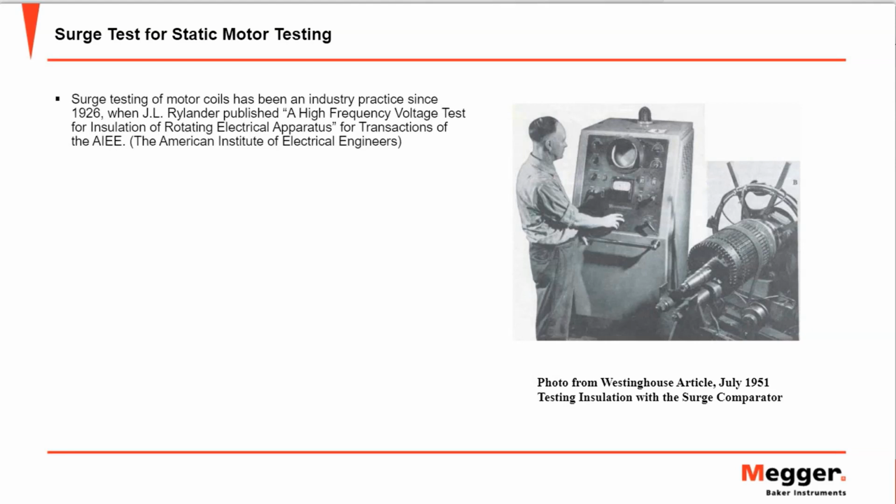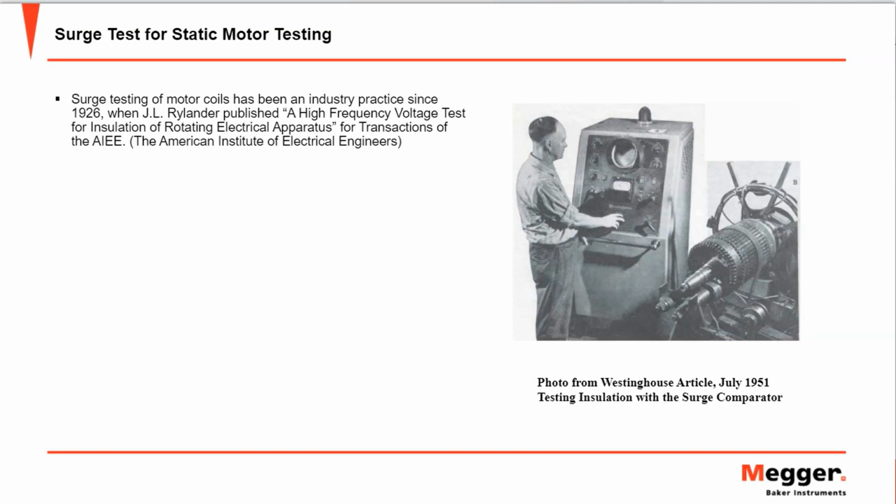But this idea came from an article published by Rylander in 1926. This article was published in the old IEEE that was called AIEE, the American Institute of Electrical Engineers.